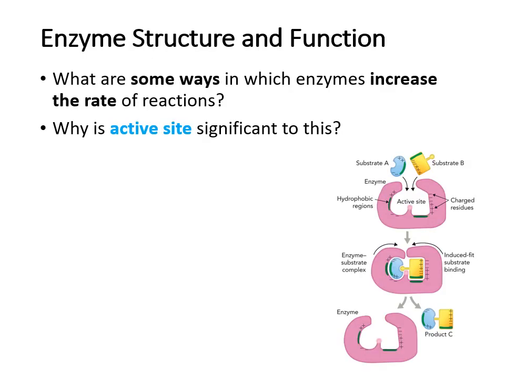Now, some of the ways that enzymes increase the rate of reactions: I gave you the general overview, but the more specific case is that they're stabilizing what's called the transition state. That's when you have an enzyme substrate complex and substrates interacting. They can be considered as creating an alternate path for product formation and reducing entropy by orienting the substrates appropriately.